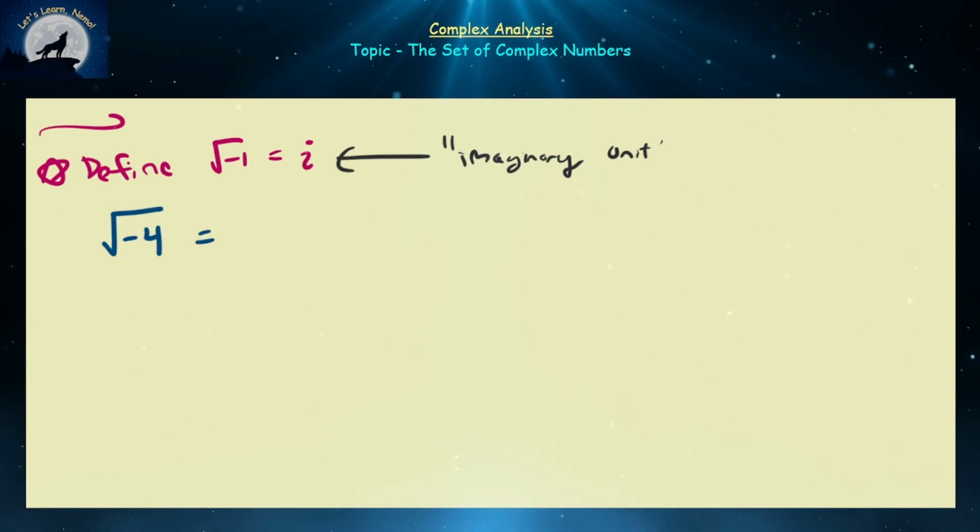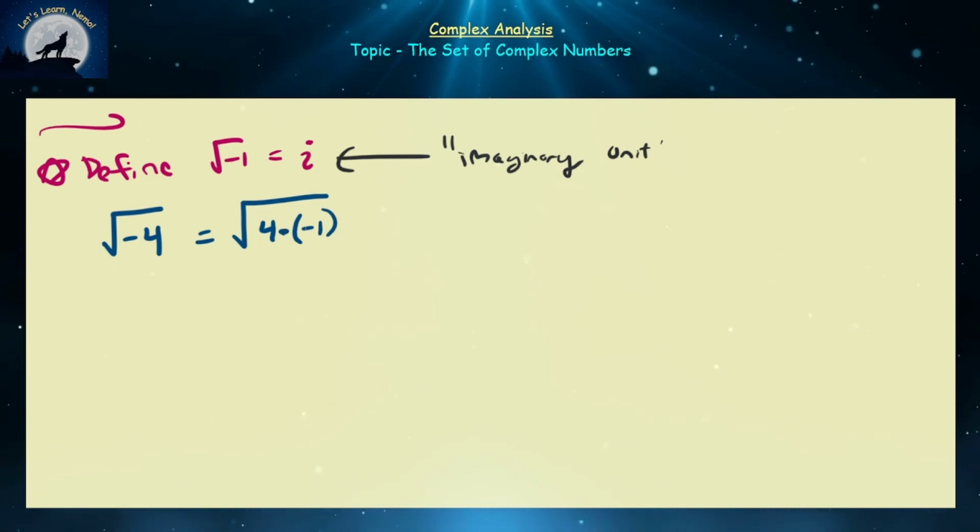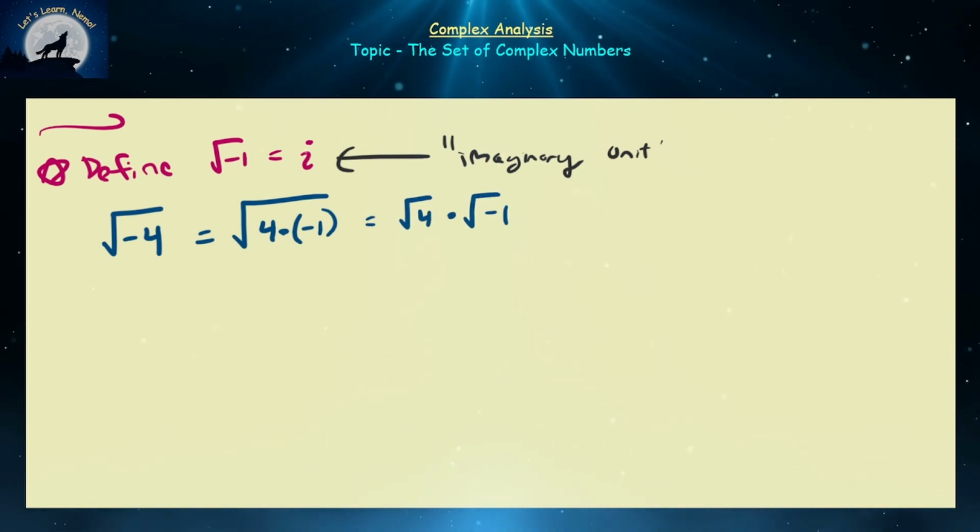Because the square root of -4 can be represented as the square root of 4 times -1, and then we can hopefully distribute square roots over these two numbers, and we're going to have the square root of 4 multiplied by the square root of -1. We already know that the square root of 4 is defined to be equal to 2, and the square root of -1 is now defined to be equal to i, so we can say hopefully that the square root of -4 is equal to 2i.